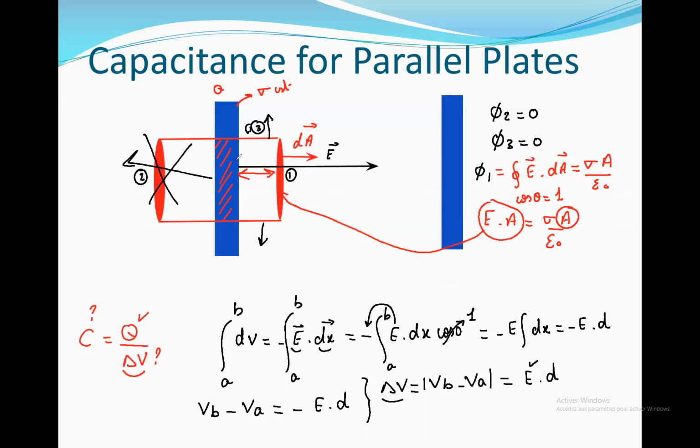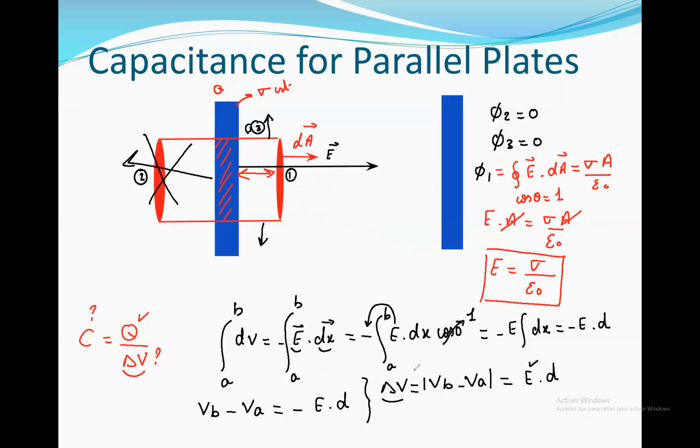The intersection between the cylinder and the plate equals A. So here we have A, and here we have A, the same A. We can simply eliminate A and A. We get finally E equals sigma divided by epsilon 0. This is the final answer of the electric field created at this site.